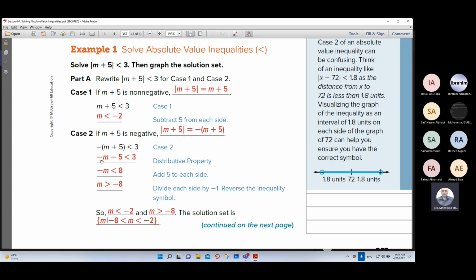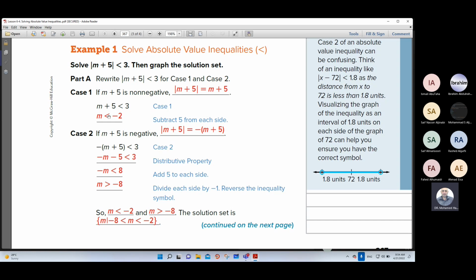Minus times m will be minus m, and minus times 5 will be minus 5. Then we can solve this inequality. We can add 5 to the two sides. We will get minus m less than 8. Then we can divide the two sides by negative and switch the sign. So it will be m greater than minus 8.